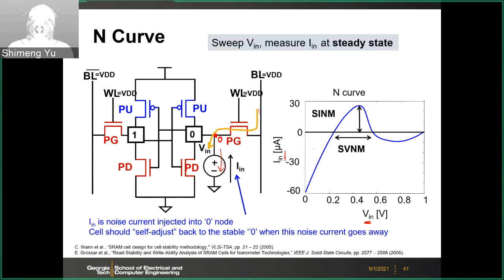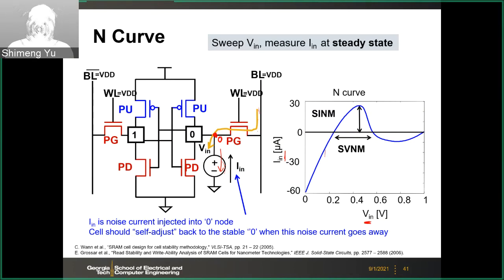But as long as you increase the voltage of this node, then you will gradually decrease the current, because the voltage potential between the source and drain of the pass gate will decrease, so the current will rise.